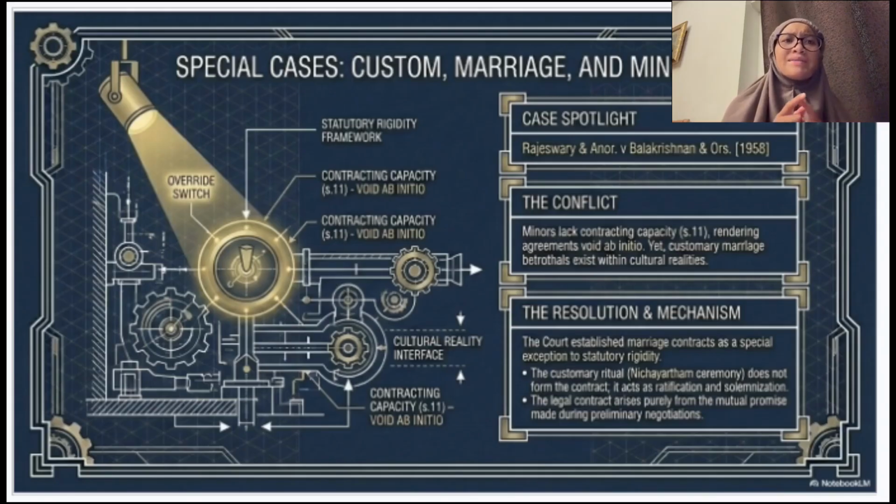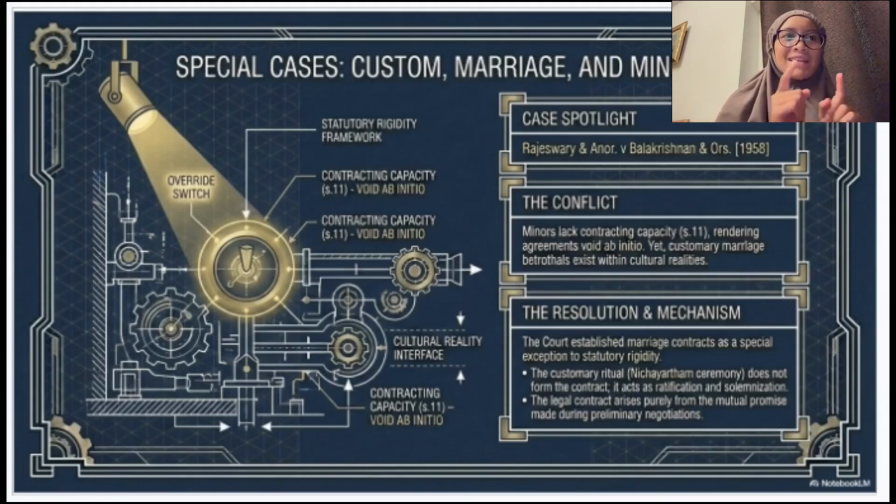The court also explained that the customary marriage ceremony itself does not create the contract. Instead, it acts more as a ratification or solemnization of promises already made earlier between the parties or family involved. This case shows that courts may sometimes balance strict statutory law with cultural realities and social customs.